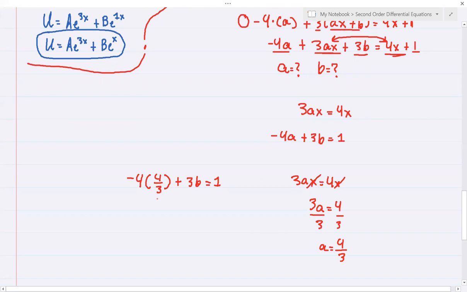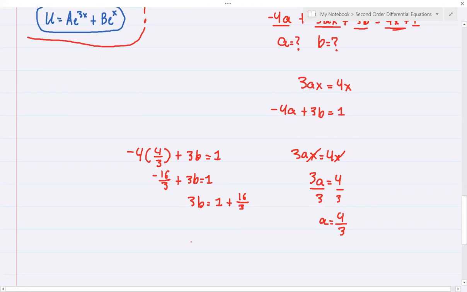Negative 4 times 4 thirds will give you negative 16 over 3, plus 3b is equal to 1. Transpose 16 over 3 to the right side, we will have 3b is equal to 1 plus 16 over 3.